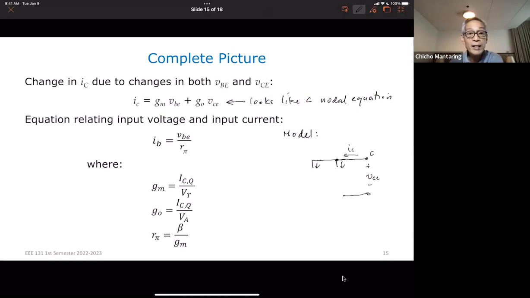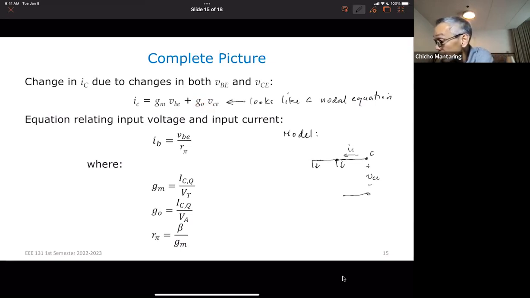One is flowing through a resistance 1 over G sub O, or R sub O, no? 1 over G sub O, where the voltage across this conductance is VCE.